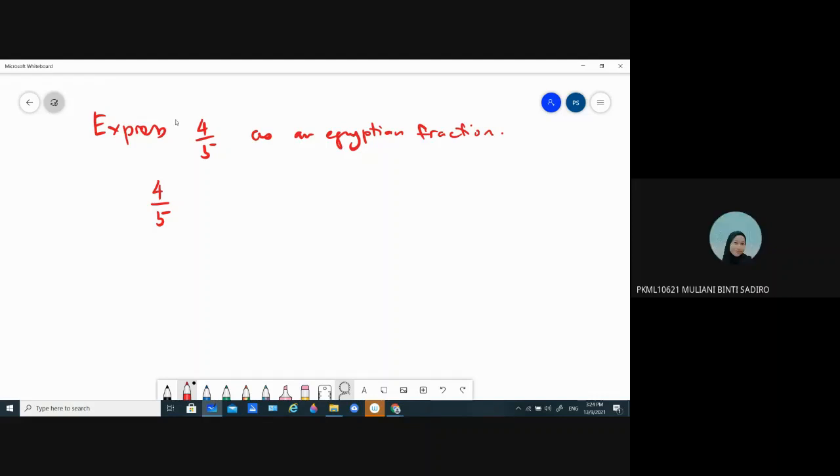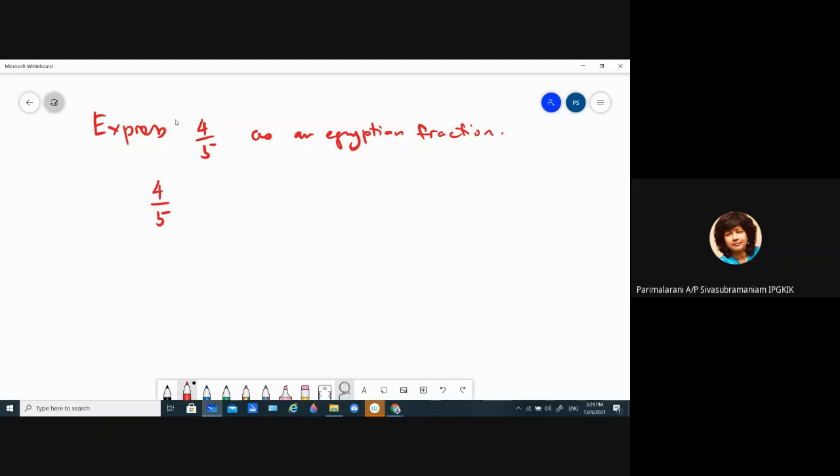What is half of 5? 2.5, right? 4 is more than 2.5. Therefore, this fraction is definitely more than half. If it's 4 over 5, half of 5 is 2.5. Anything more than 2.5 is more than half already. Anything less than 2.5 is less than half.